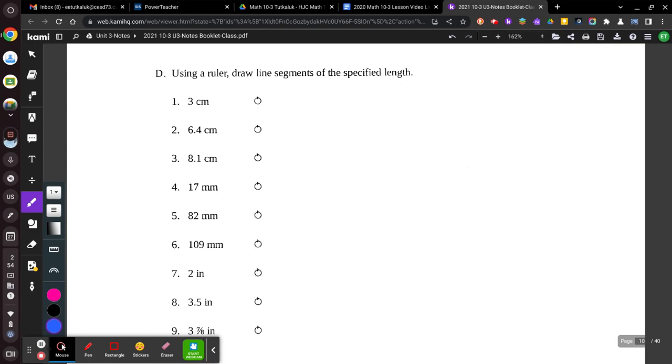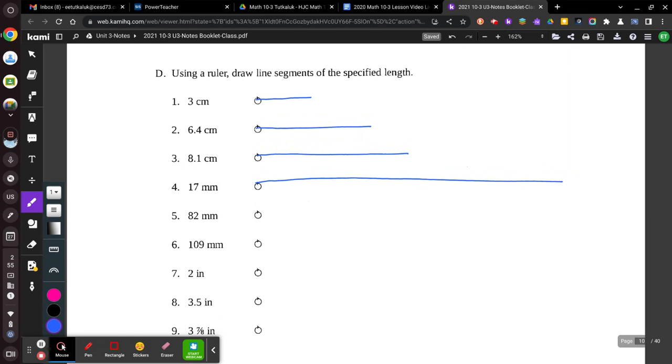So 3 centimeters. We're going to get an object 3 centimeters. That little 0 there is where you start. 6.4 centimeters. 8.1. I'll let you guys do these on your own after. 17.